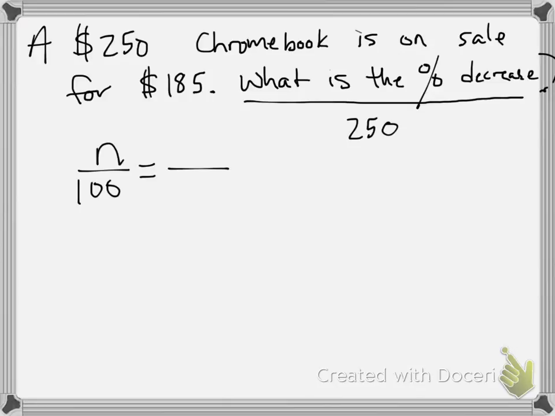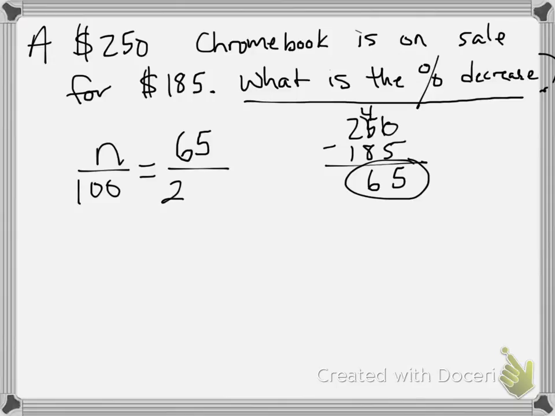A simple way would be to just subtract these two numbers, and you would have 65. So that is how much things have changed from 250 down to 185.